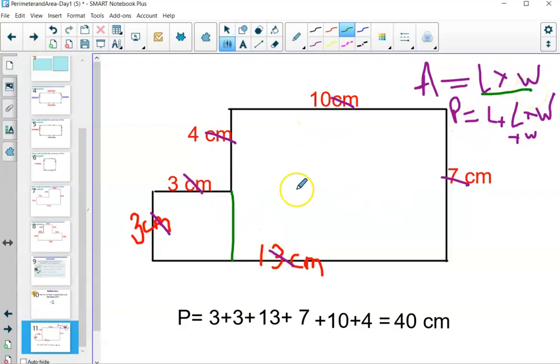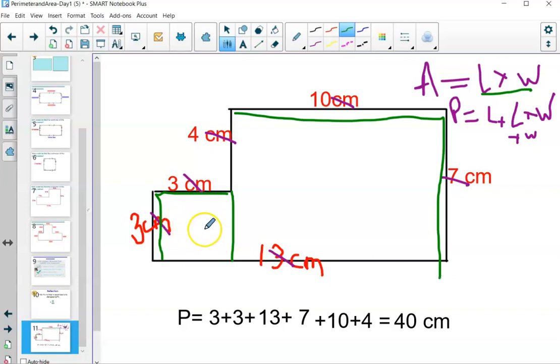Now I have an irregular shape here, so you see I drew this line because I'm separating my rectangles. I have a rectangle here and a rectangle here. So now I can find the area of the length times width of this one and the length and width of this one, and then we'll add them together at the end to find the total area of this entire shape.